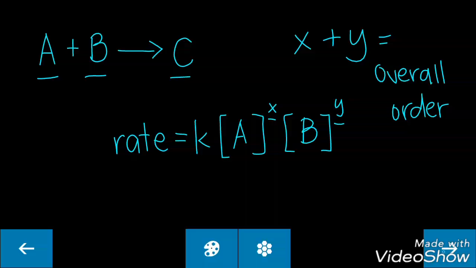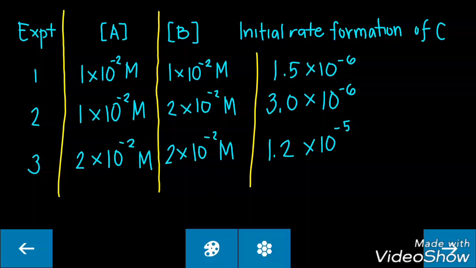So let's start. As I said a while ago, experiments 1 and 2 have equal concentration of A, and in the concentration of B it doubled, so we can use this. For B, we can use equation 1 and equation 2.